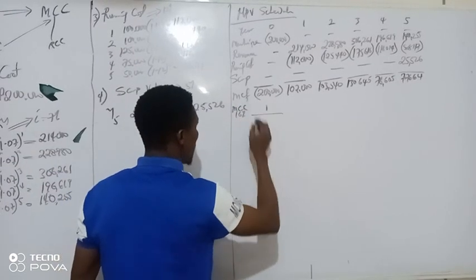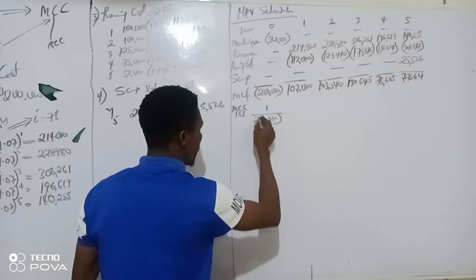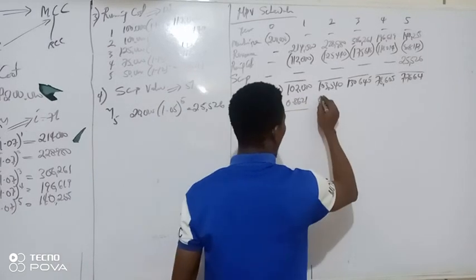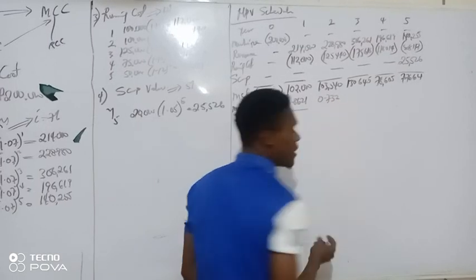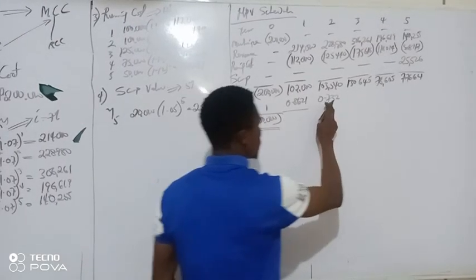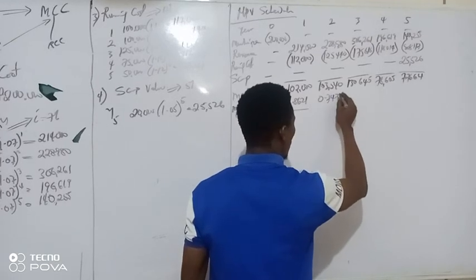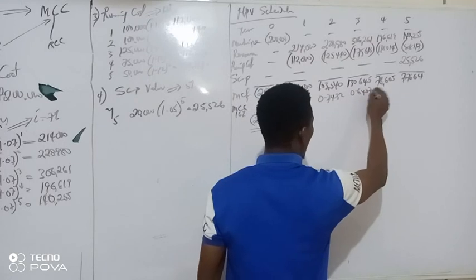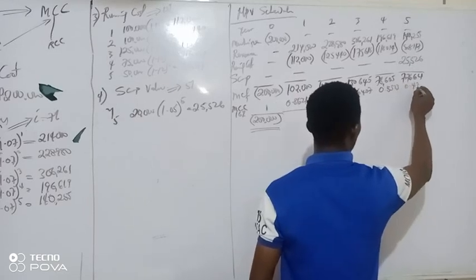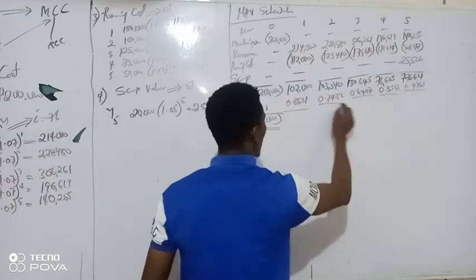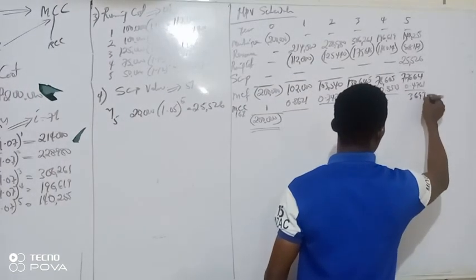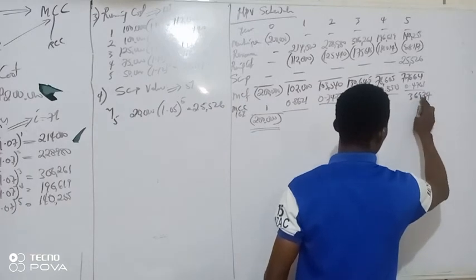So 1 for year 0, then for years 1 to 5: 0.8621, 0.7432, 0.6407, 0.5523, 0.4761, and the last one, 0.4105.